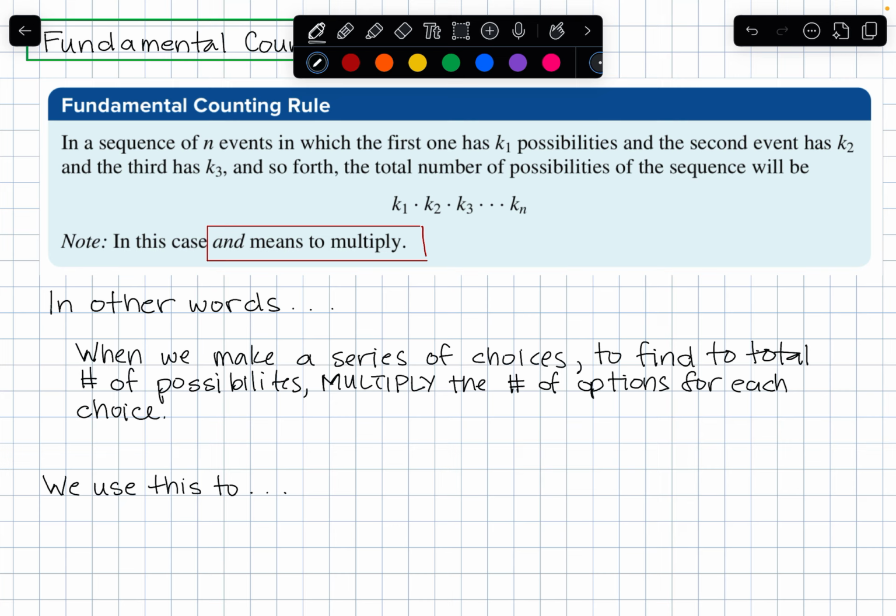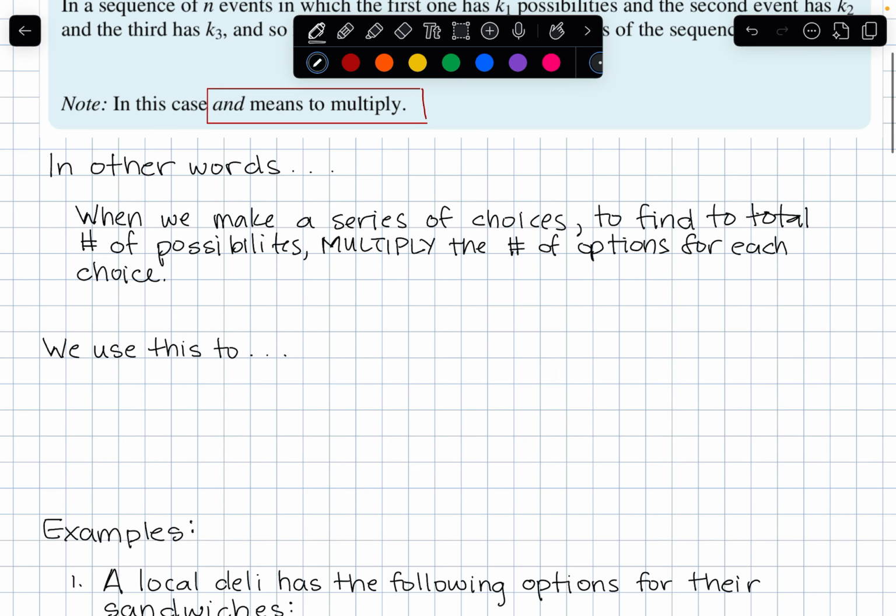That's my denominator. The fundamental counting rule is one of the tools that we can use to find the size of our sample space for compound situations where we're doing multiple actions or making multiple choices. So we're using this to find the size of our sample space.